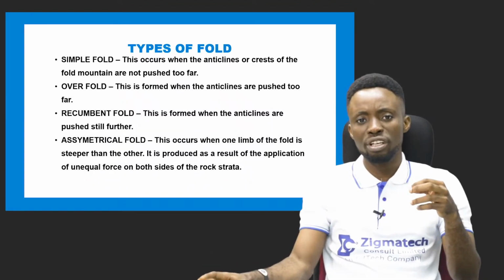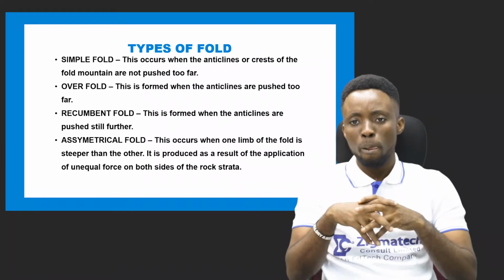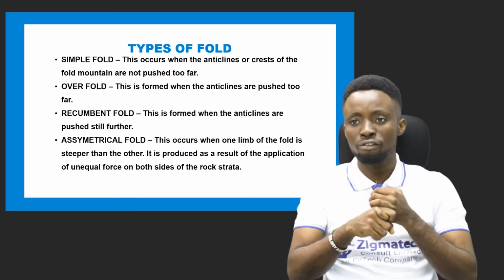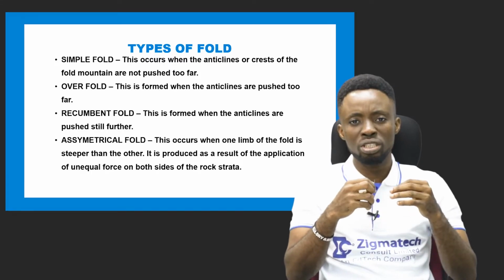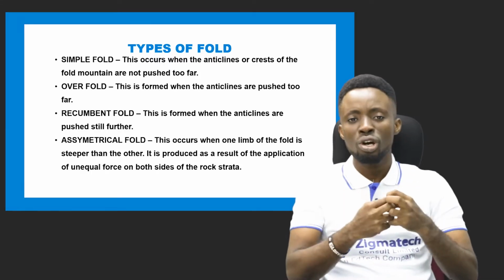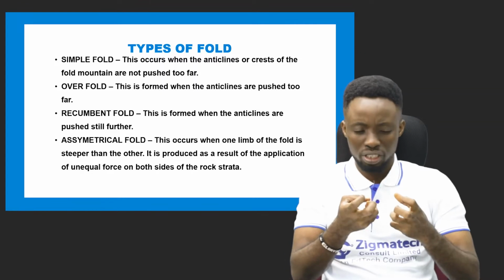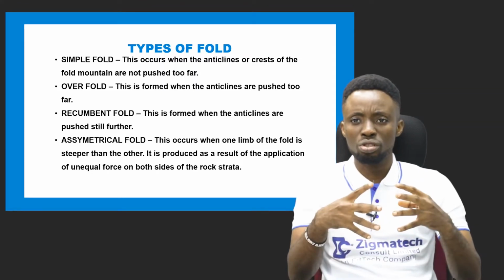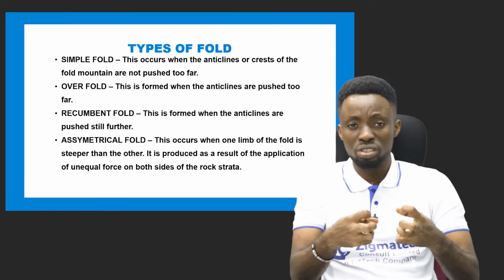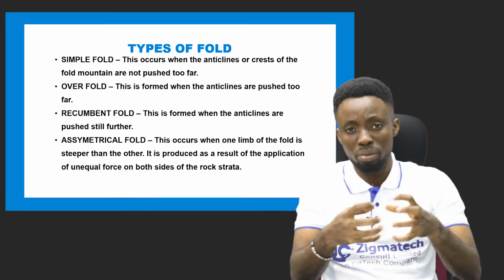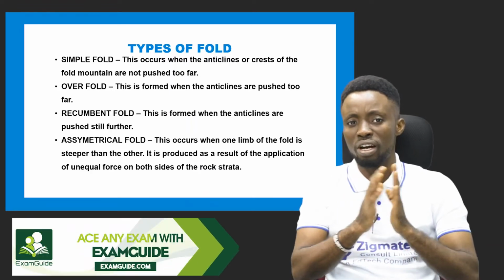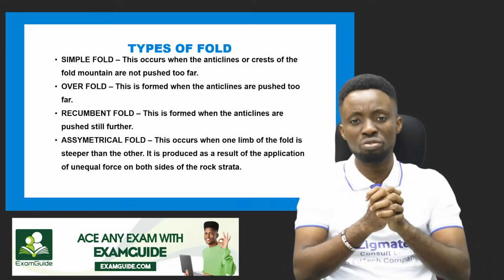So we have different types of fold. Number one, we have the simple fold, and it's called a simple fold when the horizontal compression does not cause the mountains to be pushed too far, or cause the earth crust to be pushed too far.